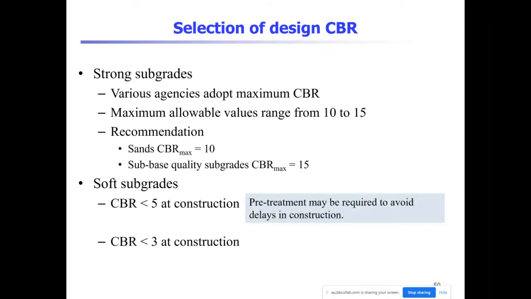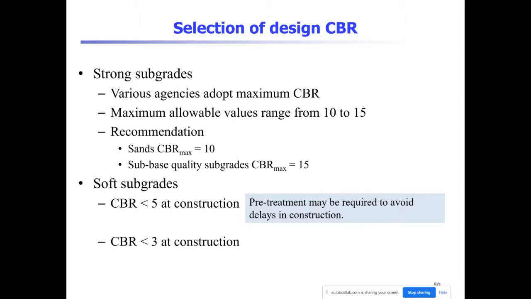When CBR is less than 5, generally we need to conduct some pre-treatment, but that is not a requirement. And if we don't improve the quality of soil, in that case, that can cause some delay in construction, in particular when we have rainfall.